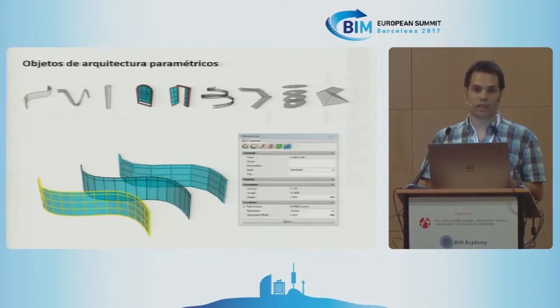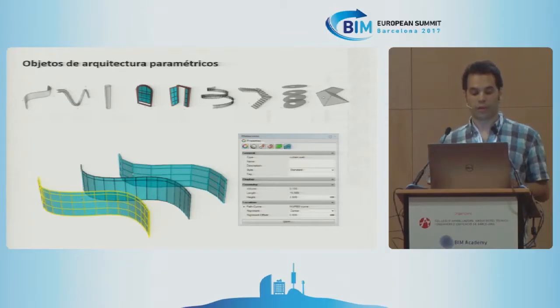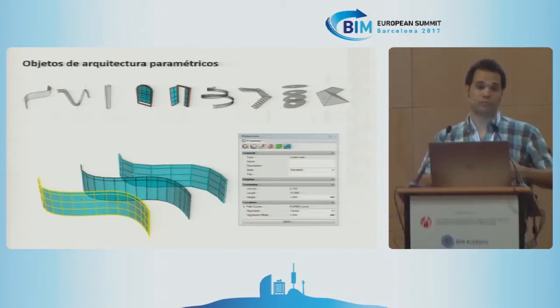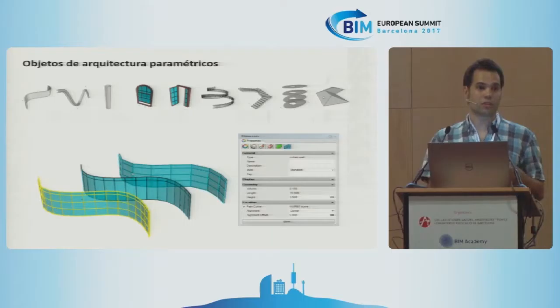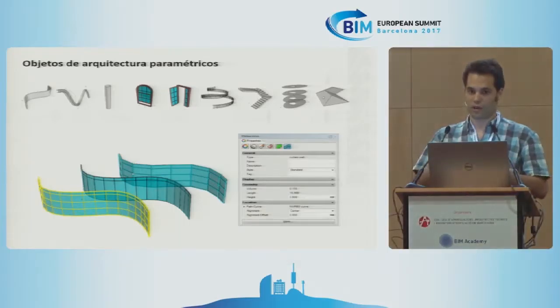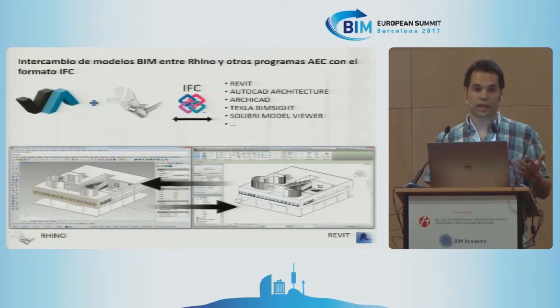Also, parametrical architecture objects, so we can list them and know how many of them are there, the volume, sizes, and so on, and to add new information on each of them. It is more practical to work with these parametrical objects and say, I want it to be 3 meters long and not 4 meters long. And this is an improvement.